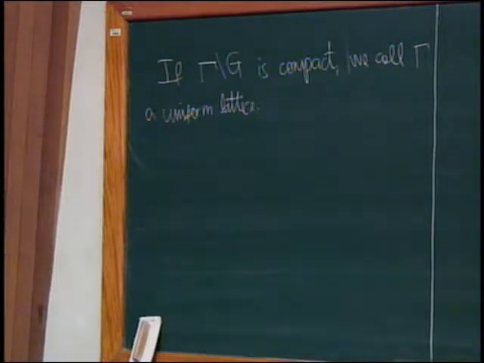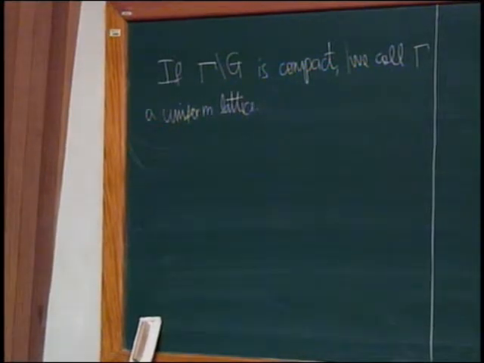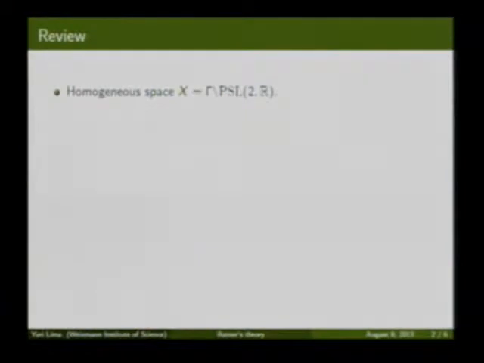So now, before proceeding, we are going to make a review of the things that we did in the last two talks. In the first talk, we saw that in hyperbolic dynamics, naturally there is the appearance of homogeneous spaces, which are the quotients of the projective special linear group in two dimensions by a lattice, right?